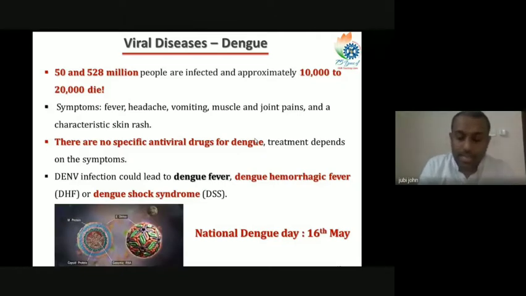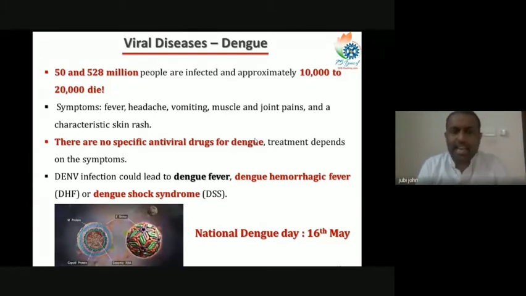In the case of dengue hemorrhagic fever, what happens is internal bleeding occurs, which results in low levels of blood platelets and blood plasma leakage. And in the case of dengue shock syndrome, dangerously low blood pressure is seen.